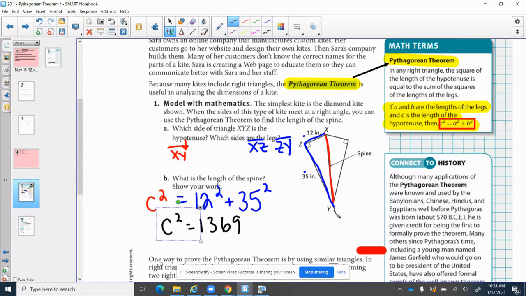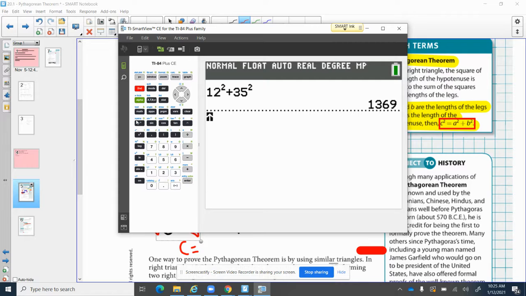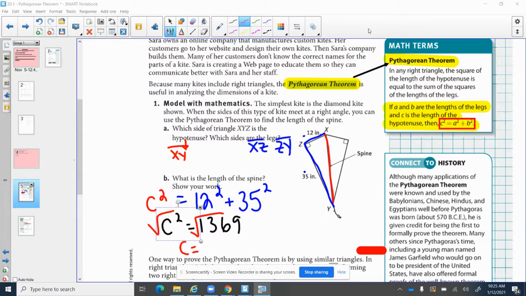And to undo a square, we need to square root. Normally we would consider plus or minus, but since it's length, we're only going to do plus. So square root of 1,369. Hit enter, you get 37 as your answer. Okay, so 37 inches is the length of our spine.